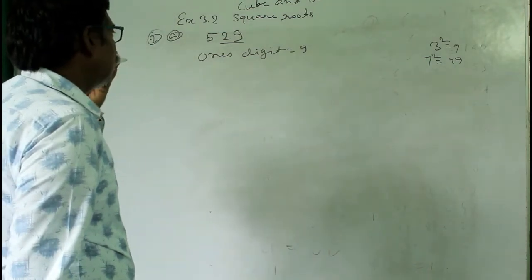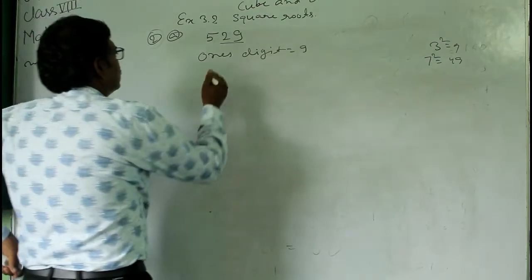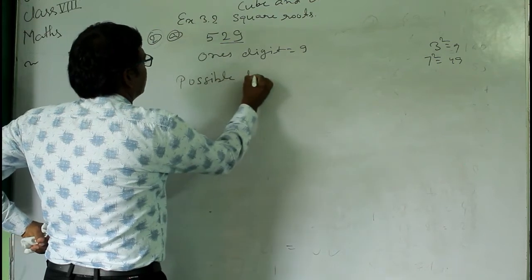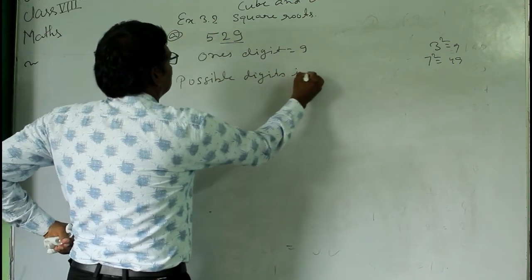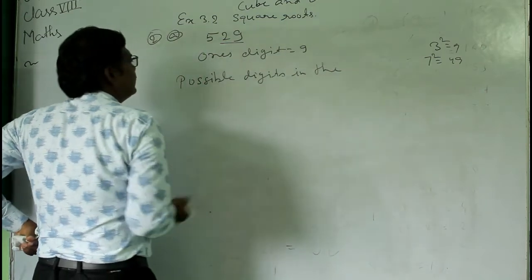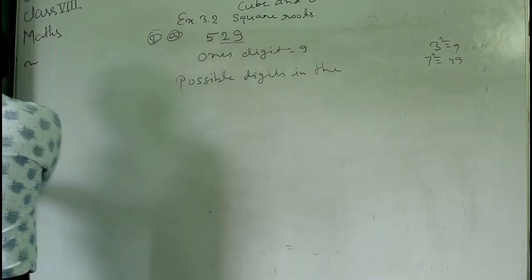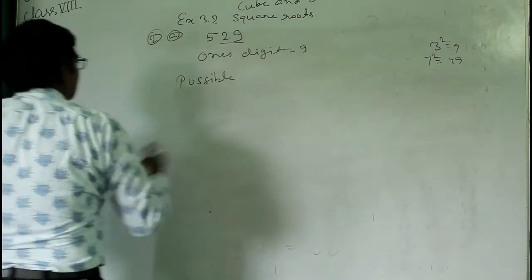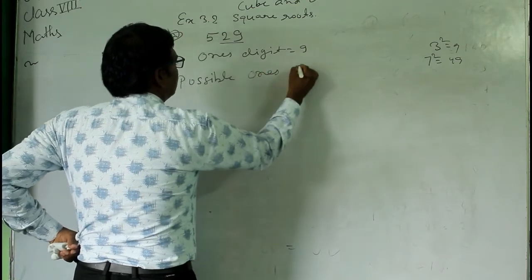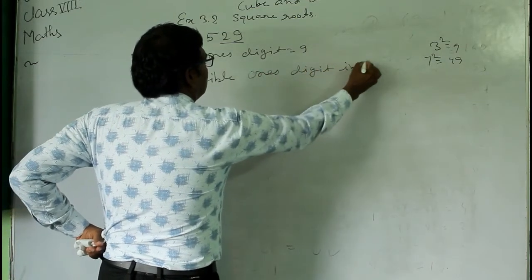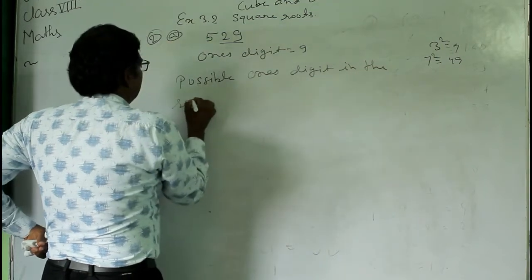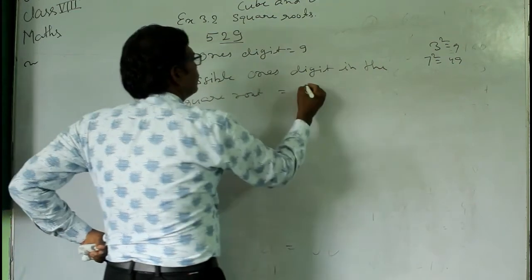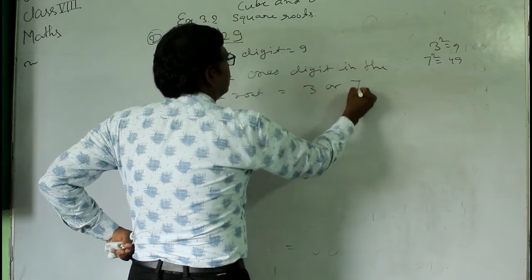So the possible ones digit in the square root is either 3 or 7.